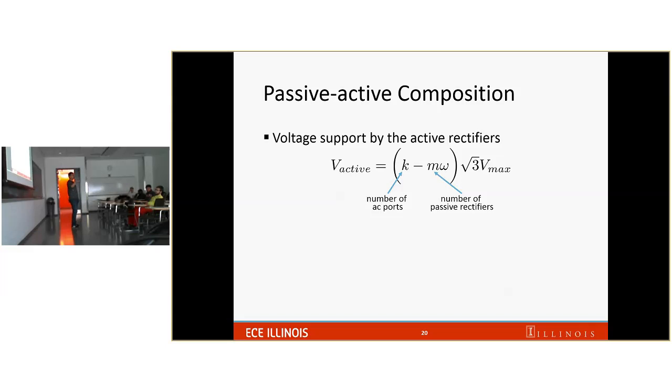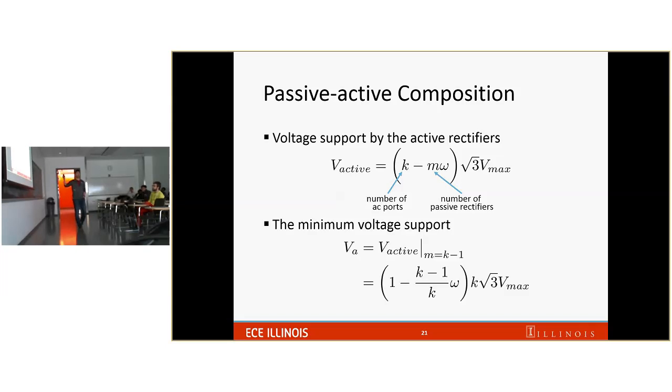Because it has K ports, we can pick M as large as K. However, we always need one active rectifier to provide DC bus voltage support, like regulation for the DC bus voltage. So we will pick M equal to K minus 1. If we pick M as K minus 1, then this equation becomes the voltage support by the active rectifier.